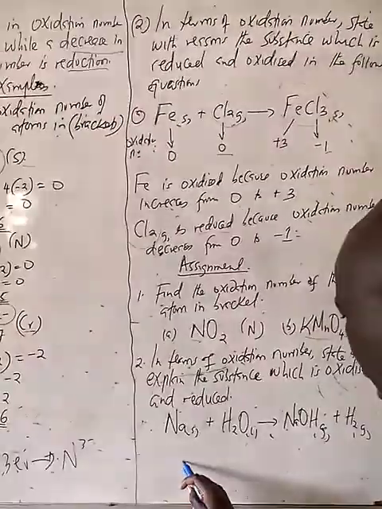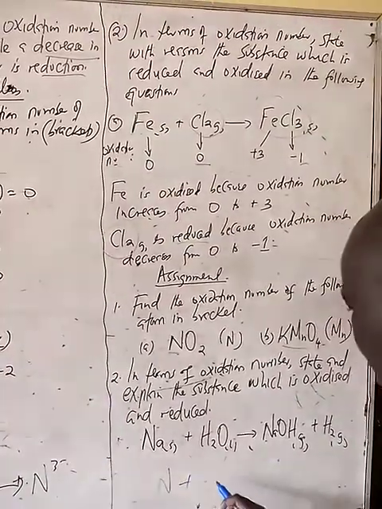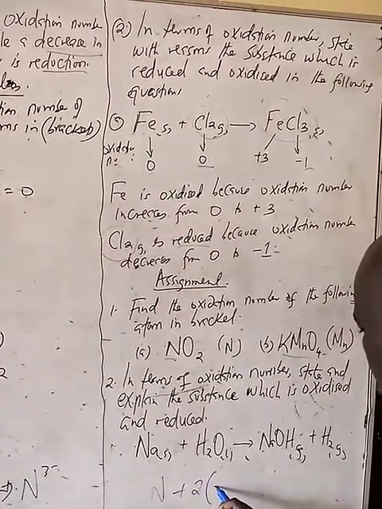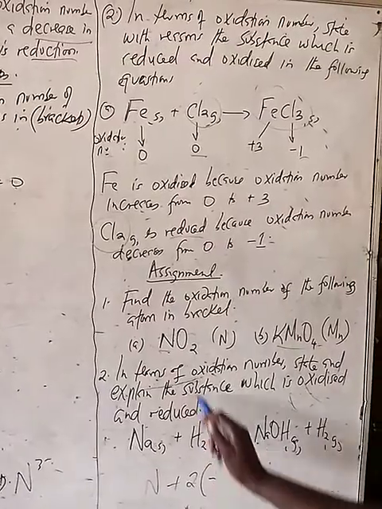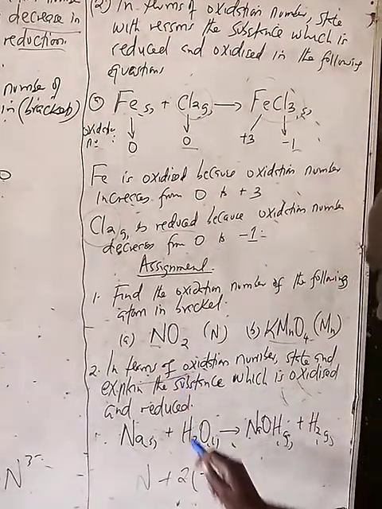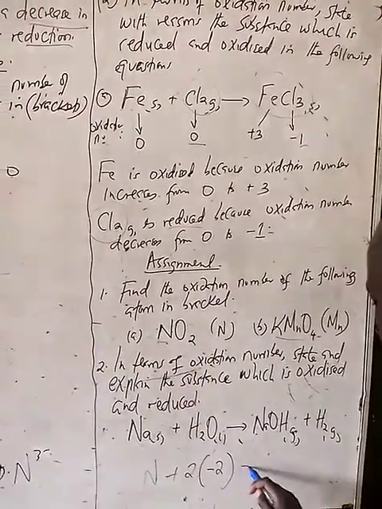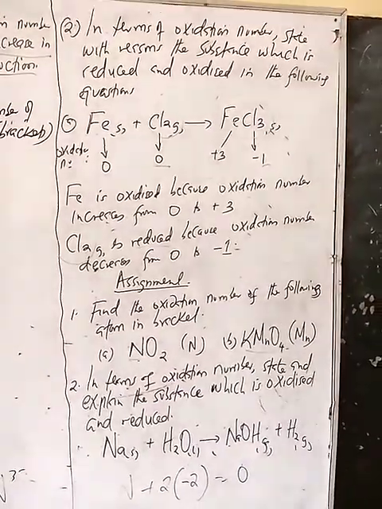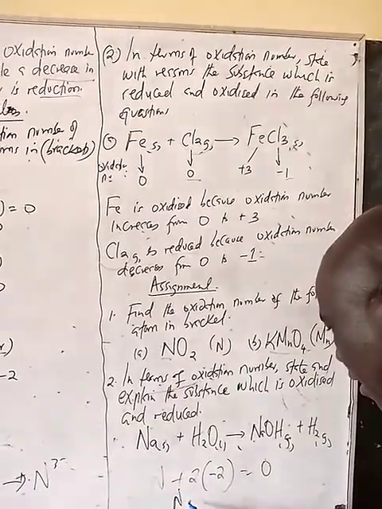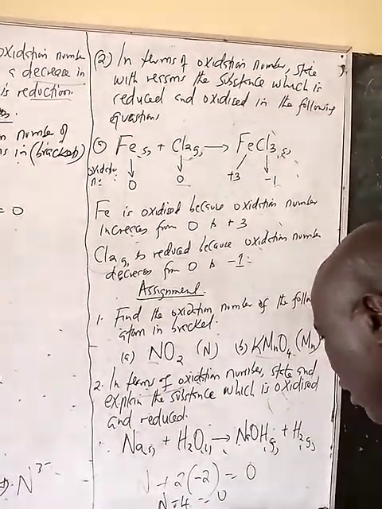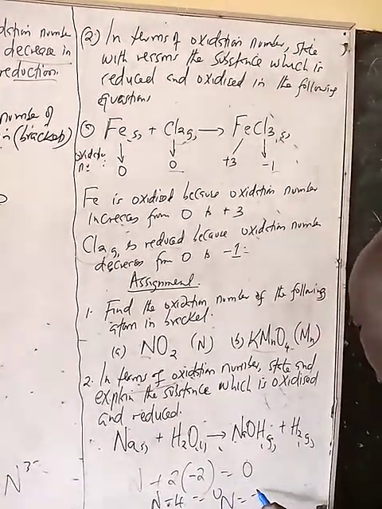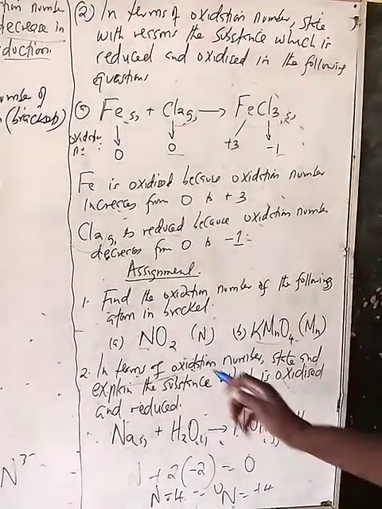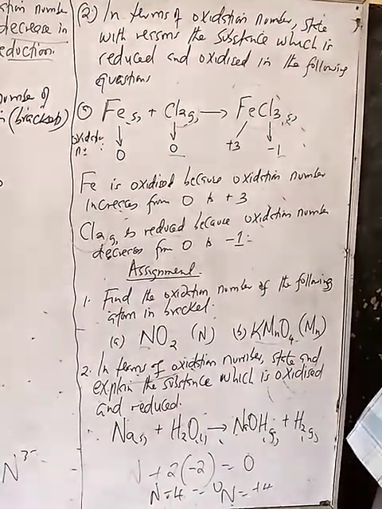So it will be 2 atoms of nitrogen plus one oxygen, which has an oxidation number of negative 2, equal to the total charge which this one contains, which is 0. Then you expand this one, it becomes 9 minus 4 is equal to 0. So nitrogen is equal to positive 4. So this is what we call nitrogen 4 oxide.